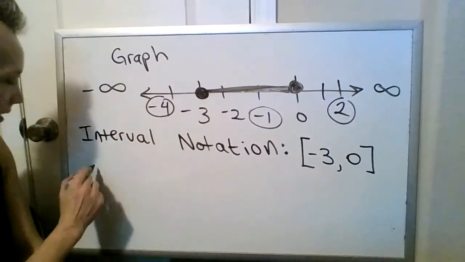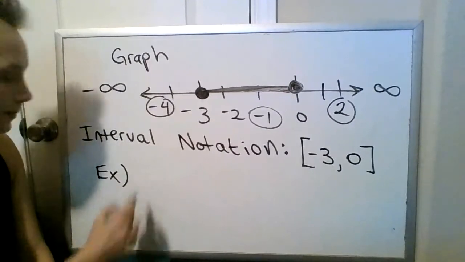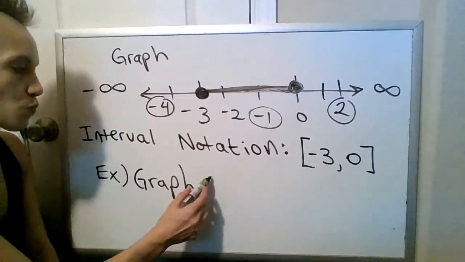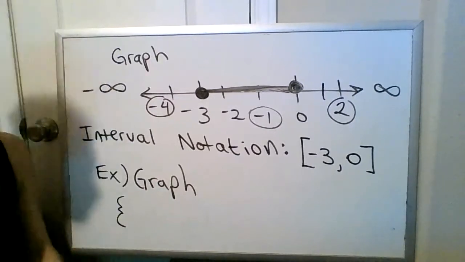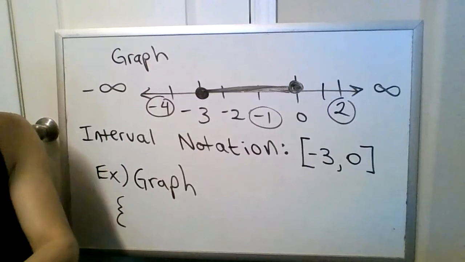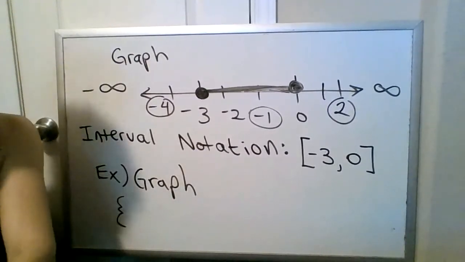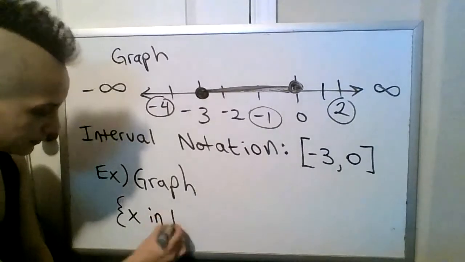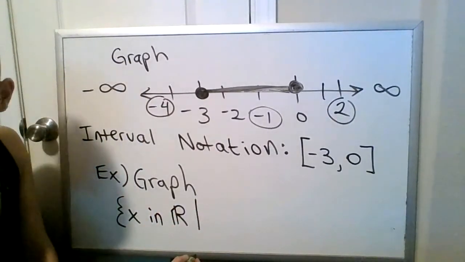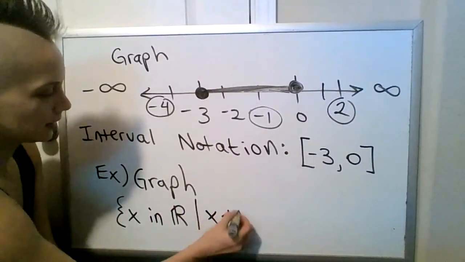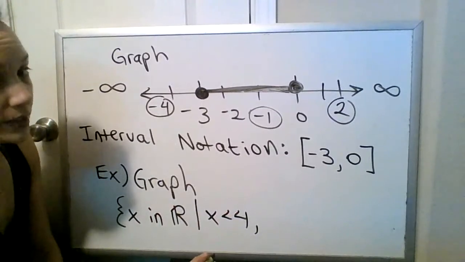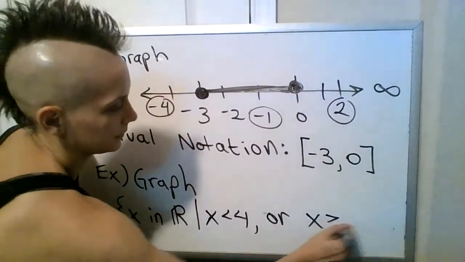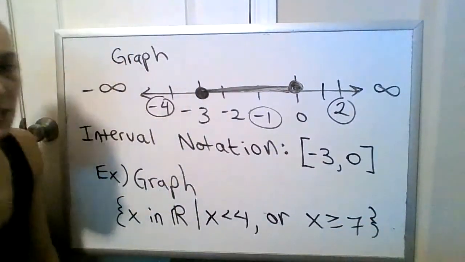Okay, here we go. x in the real numbers such that x is less than 4, or x is greater than or equal to 7. And that's it, we close the set.